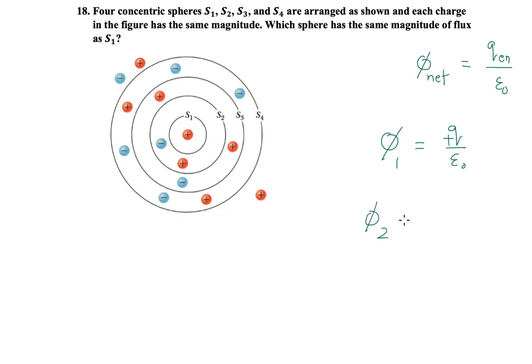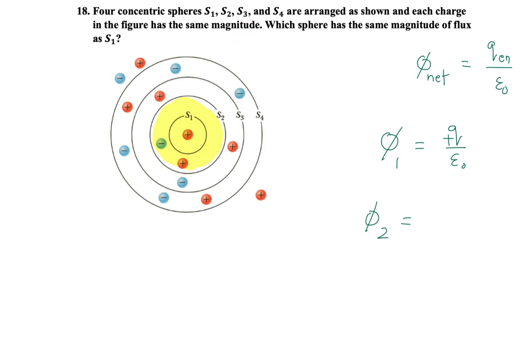Now if we check S2, I'm going to write phi 2. We want to find which of them will give the same answer as phi 1. When you look at S2, we need to look at all the charges inside S2. I'm going to highlight it so that we can be clear. Everything inside S2, which means the charge that was in S1 is also counted.